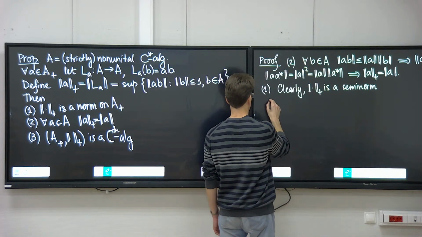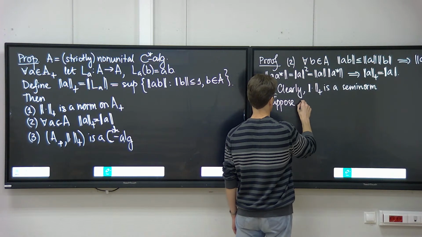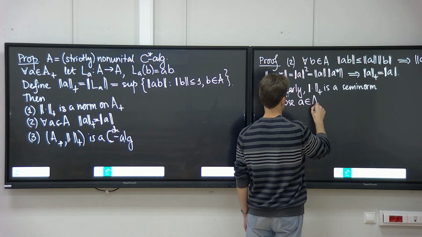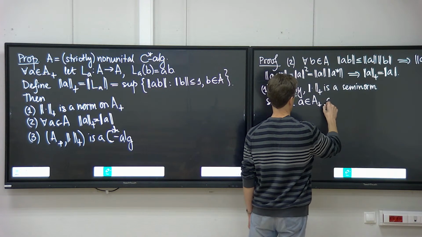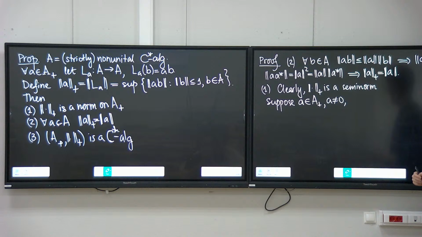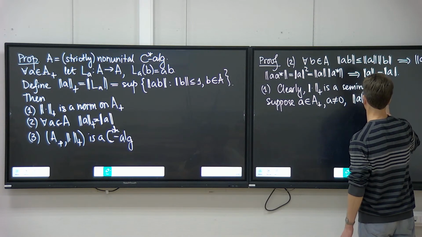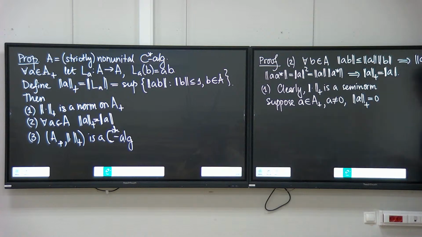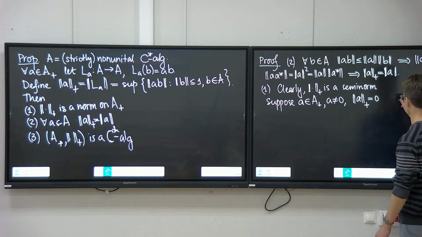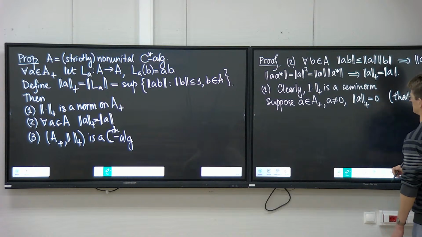Suppose that we have a non-zero element in the unitization, and suppose that its semi-norm is 0. So we want to get a contradiction. Well, what does that mean? This means that the multiplication operator L a is 0.